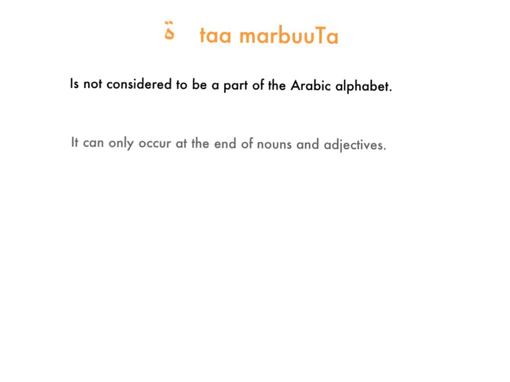Now, some facts about ta marbuta. It is not considered to be part of the Arabic alphabet, and ta marbuta can only occur at the end of nouns and adjectives. Its presence almost always indicates that a word is feminine.